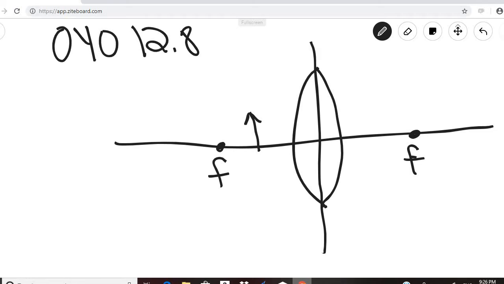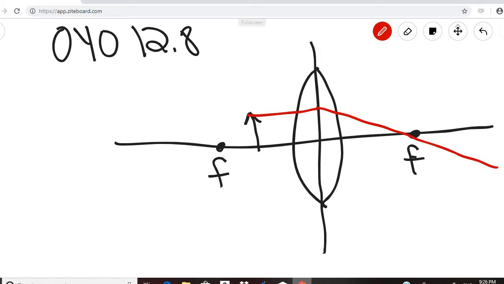Okay, so the first thing we would say is, let's go red first. So we're going to go in horizontally, and then it's going to go out through the focal point.